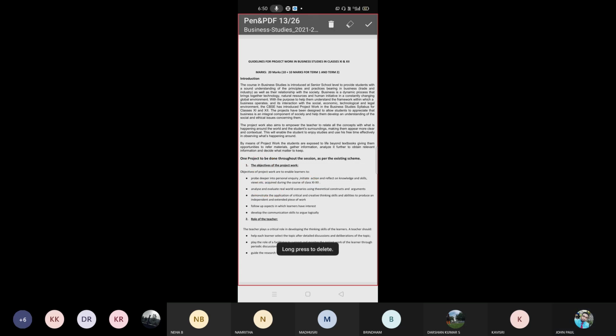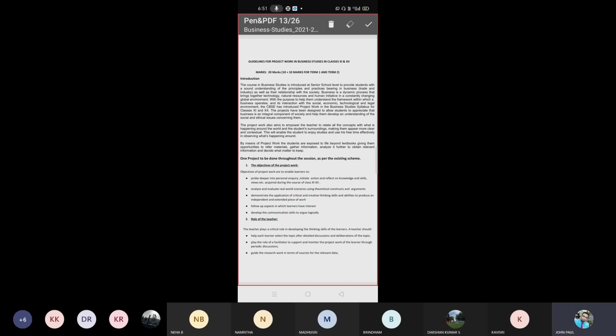Then demonstrate the application of critical and creative thinking skills and abilities to produce an independent and extended piece of work, follow up aspects in which learners have interest, and develop communication skills to argue logically. Okay, this is the first objective.